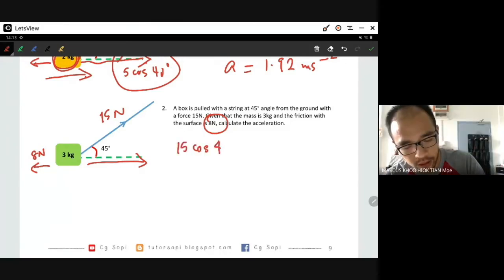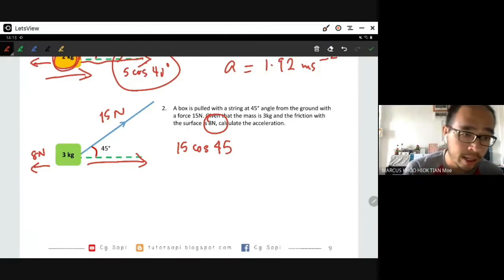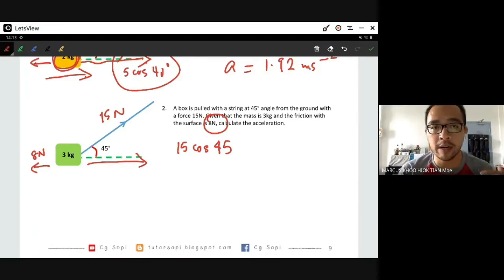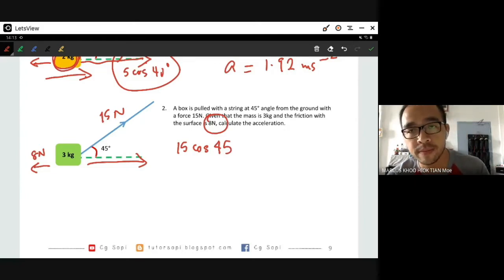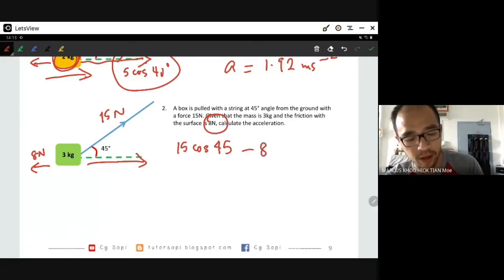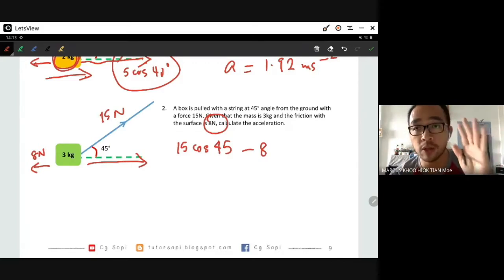15 cos 45. Valerisa, can you tell me the resultant force resulting from this movement? 15 cos 45 minus 8 N. Okay, very good. So remember, we always have to think about the resultant force.